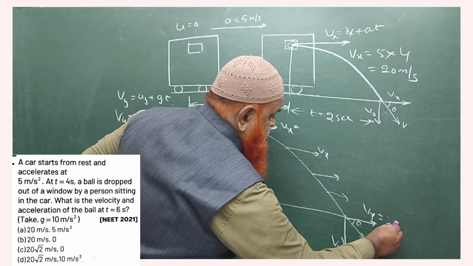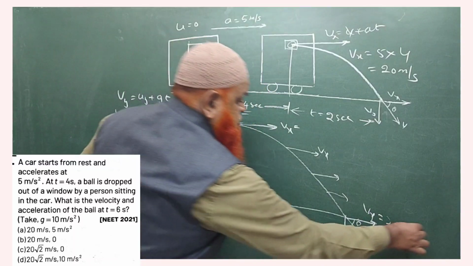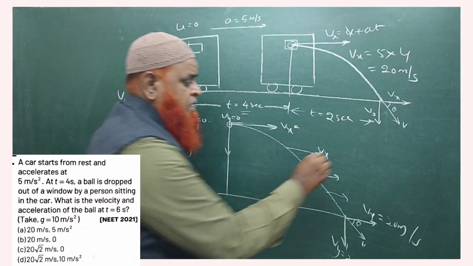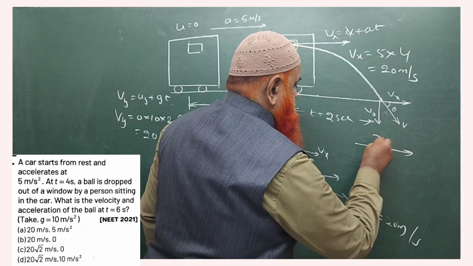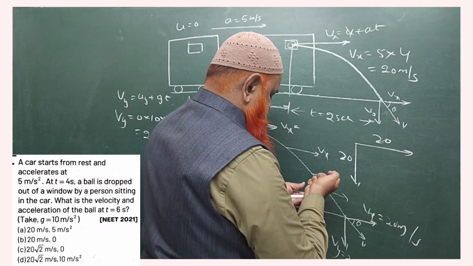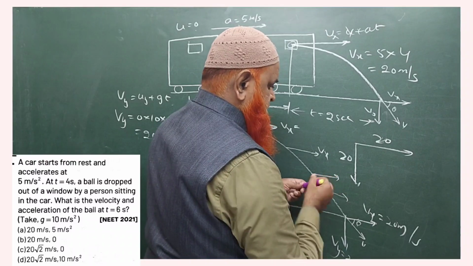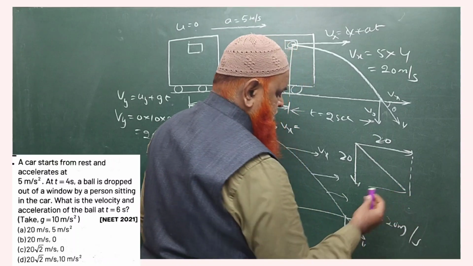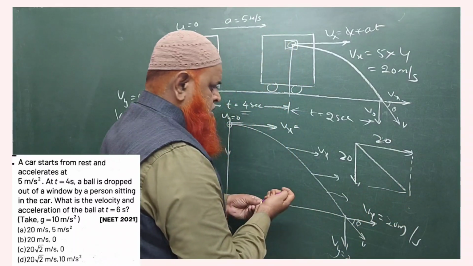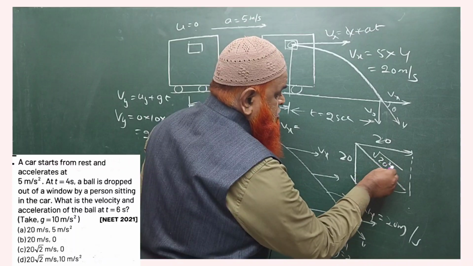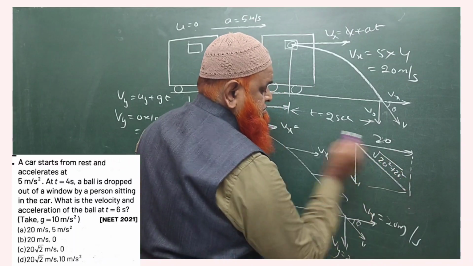And Vx is also 20 meters per second. So if you apply the Pythagoras theorem, this is 20 and this is also 20. This is a parallelogram, and this is going to be the hypotenuse. So this can be taken as square root of 20 square plus 20 square.